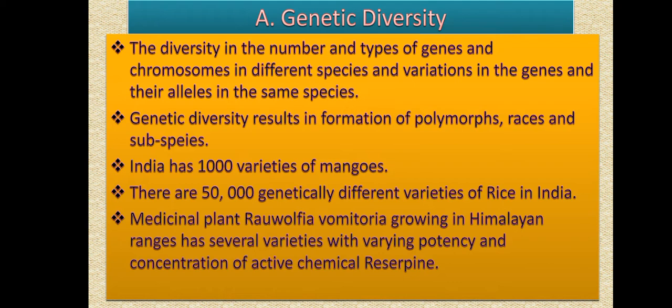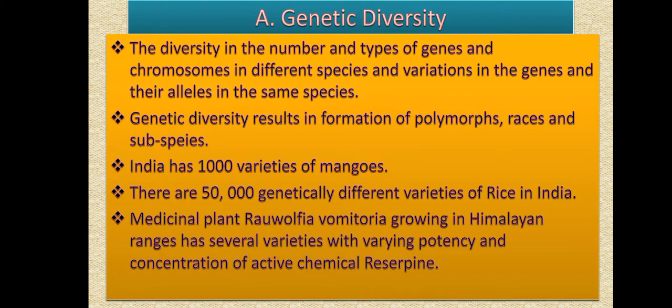We know that there are 1,000 varieties of mangoes in India. There are 50,000 genetically different varieties of rice in India, and one medicinal plant, Rauwolfia serpentina, that grows in Himalayan ranges has several varieties, and these varieties are based on varying potency and concentration of the active chemical reserpine.